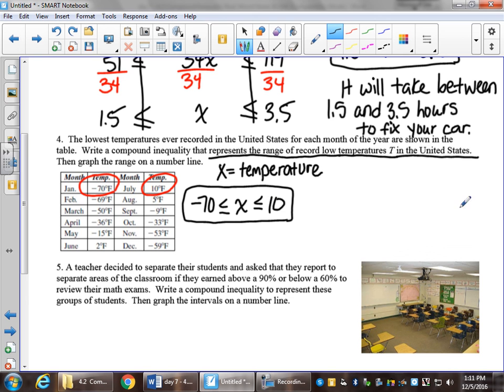We're also asked to graph this on a number line, so let's sketch a number line. Let's try to count by 10. So 70, 60, 50, 40. I think I can spread out a little more than that.